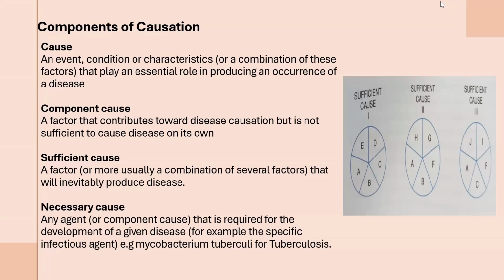And then each of these pies is a sufficient cause. Each combination of five letters needs to be present for the disease to happen. So that's a sufficient cause. Okay, so let's move ahead.